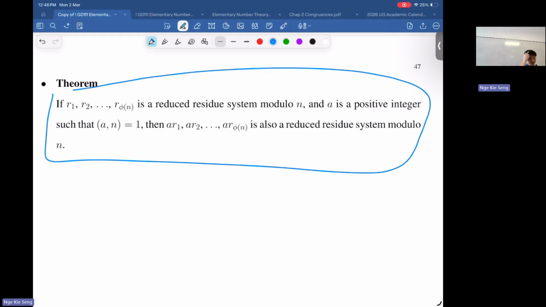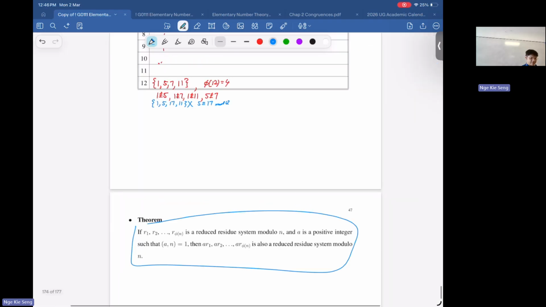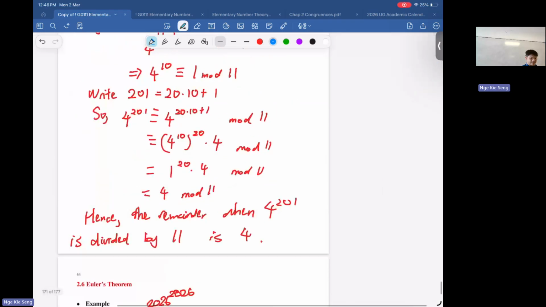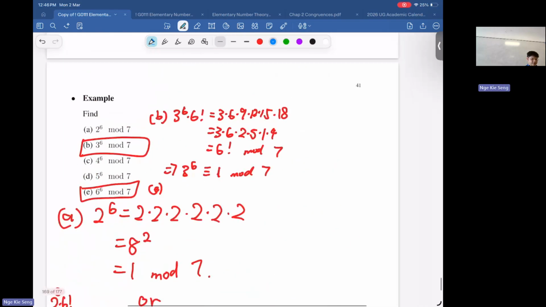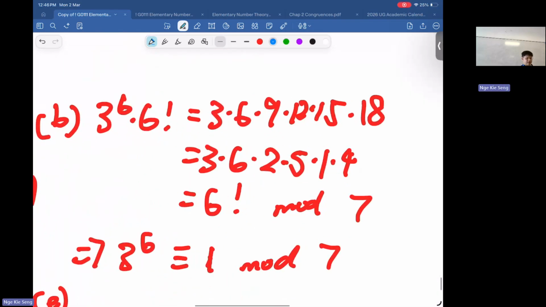So if you look carefully at this calculation, what you see is you multiply 3 to 1, 2, 3, 4, 5, 6. But 1, 2, 3, 4, 5, 6 are relatively prime to 7.